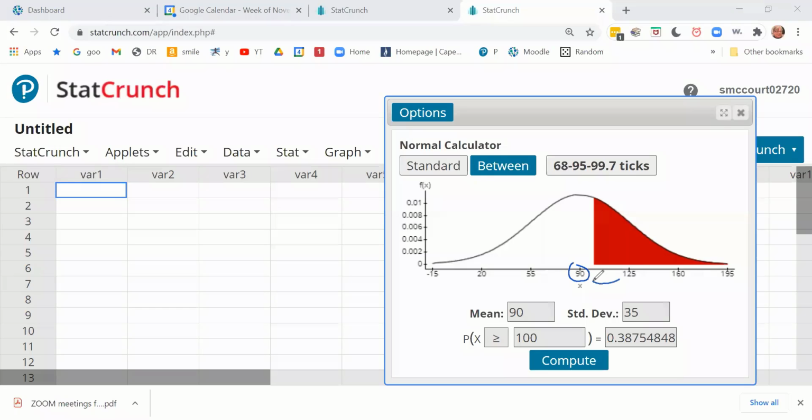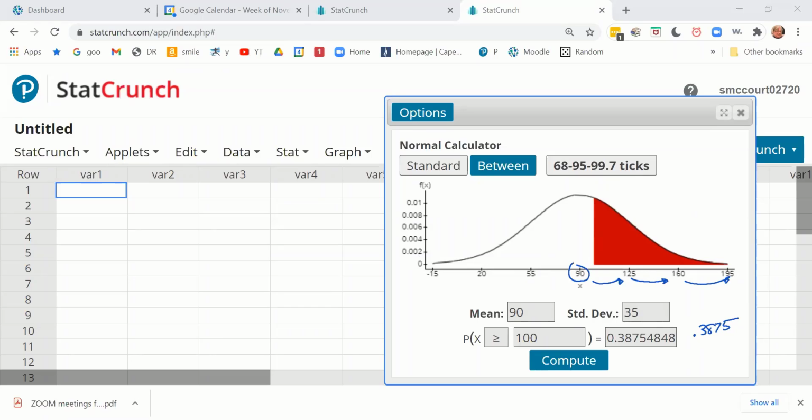And then this is +1 standard deviation of 35, +2 of 35, and +3 of 35. So it kind of does the whole thing for you. And you can see that we're pretty close to the mean, so we expect to have that nearly 40%. So our answer would be 0.3875 when we round.